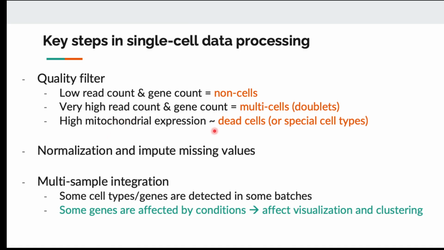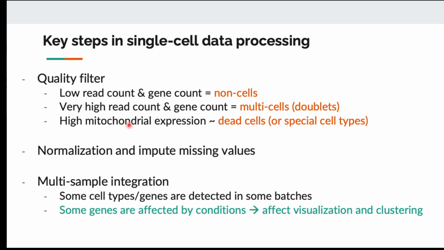Another issue is that when we analyze all the cells, that also includes dead cells. And dead cells are problematic because when the cells die, their transcriptomic profile will stop functioning. So you get a kind of weird gene expression profile. So we want to remove these. One of the signatures that people use to remove dead cells is high mitochondrial expression. Because when the cells die, the other genes stop producing, but mitochondria can still have high expression.